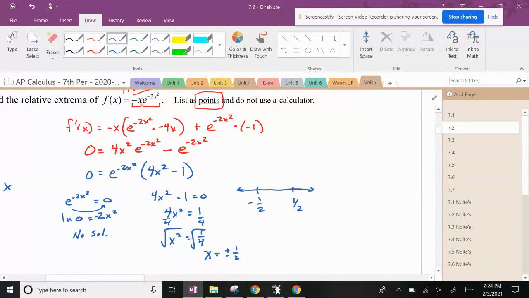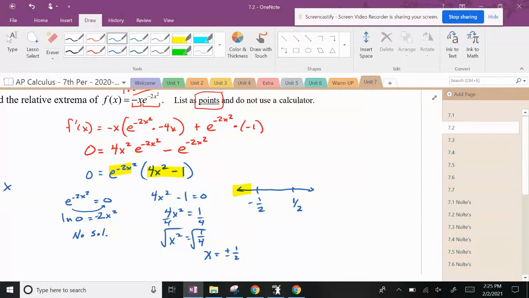So we're using this piece for this number line. I need a number that's less than negative 1/2. Negative 1. Okay, so we plug in negative 1. The first part I have e to the negative exponent. Do you remember what a negative exponent's going to do? It puts it in the bottom. It's not going to make it negative; it just makes the fraction small.